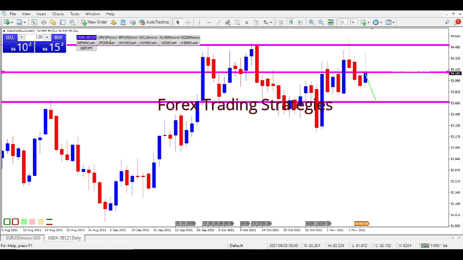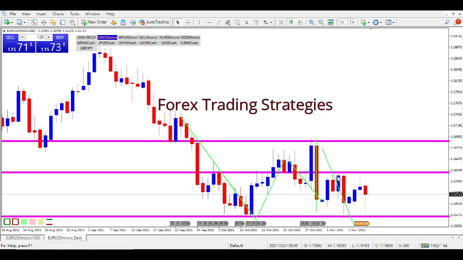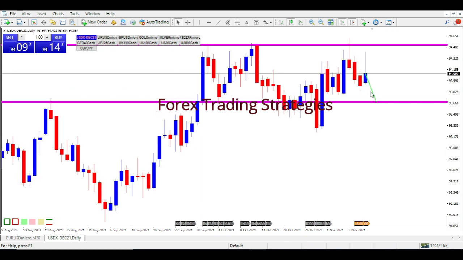Let's go to euro USD. See, don't forget about these lines. Let me remove them. See, same candle, just opposite. Same candle, Euro USD and US dollar index.